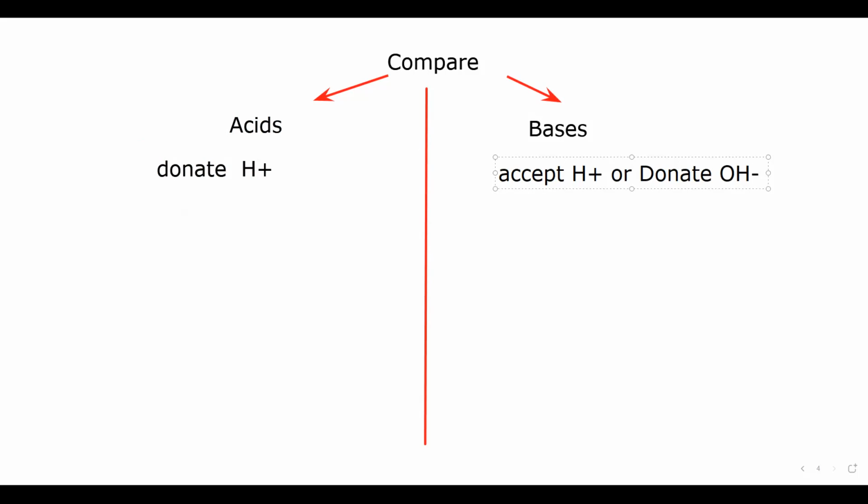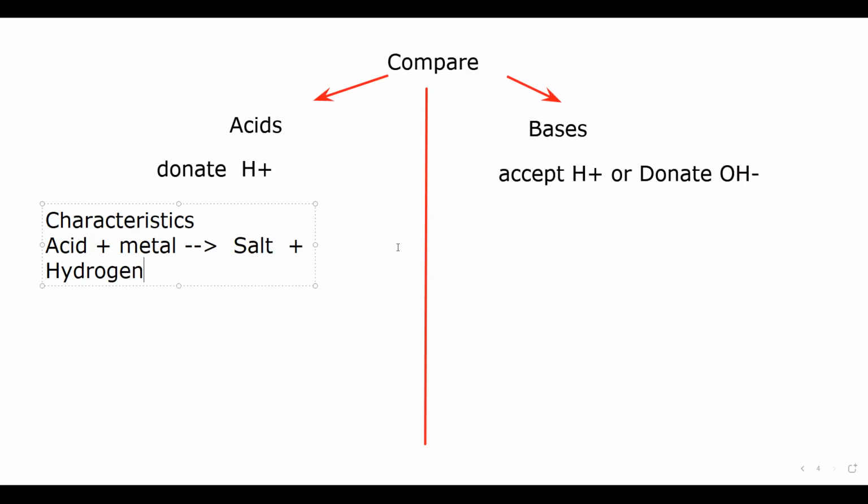Then when we compare the characteristics, first one, when acid is reacted with metal, this will result in the formation of salt and hydrogen.